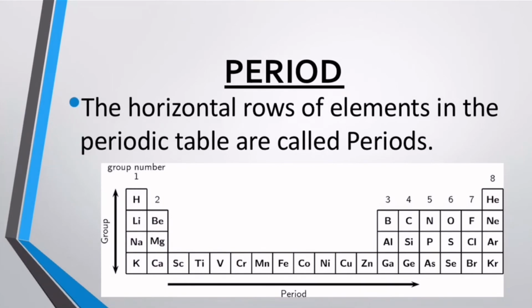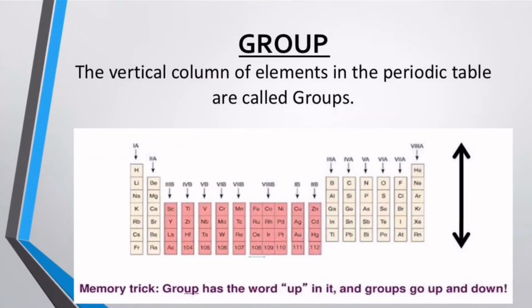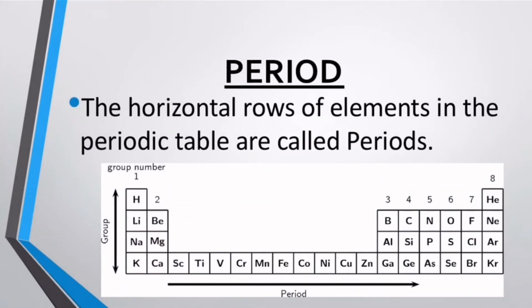Period. The horizontal rows of elements in the periodic table are called periods. What does horizontal mean? In the previous topic, you have seen that they were going from upward to downward, while in period it is opposite.